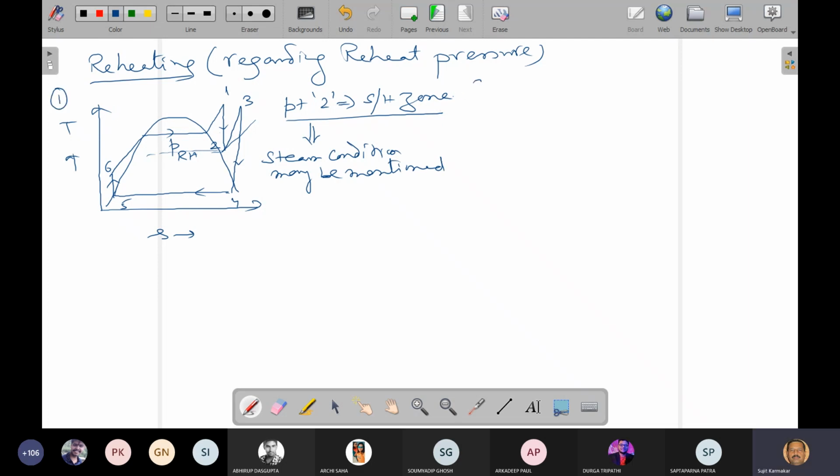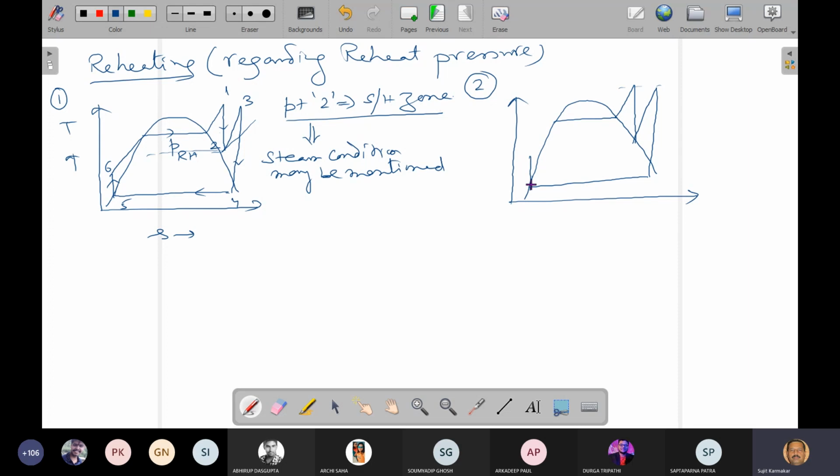What is the second possibility? It may touch the line, exactly the dry saturated line. Then it goes to expand, and this is the way the figure may come. This is the second possibility. It is 1, 2, where 2 is exactly touching here, then 3, 4, 5, and 6.